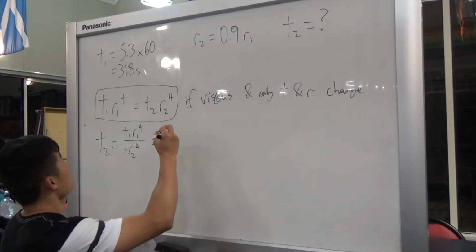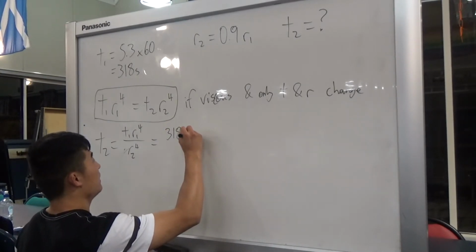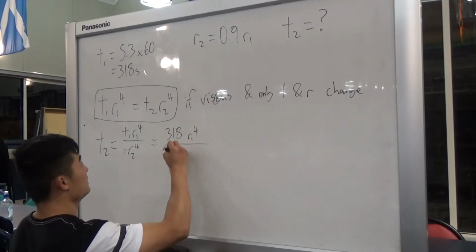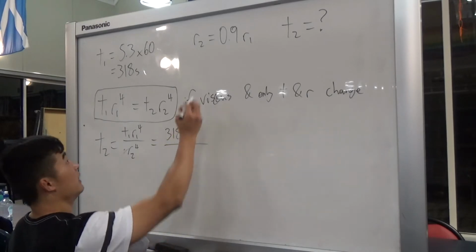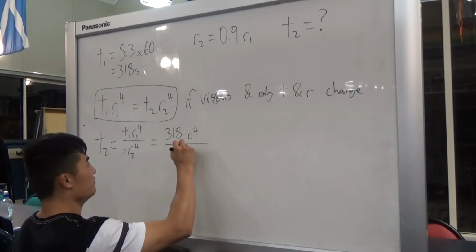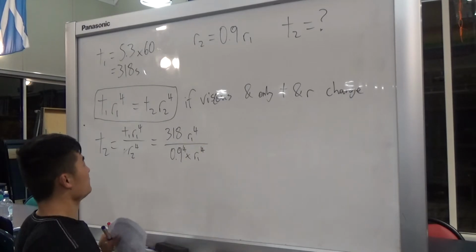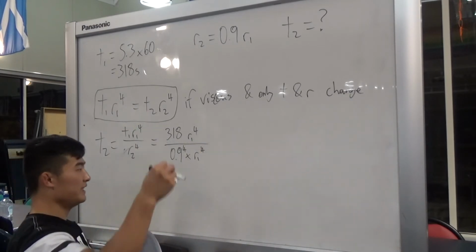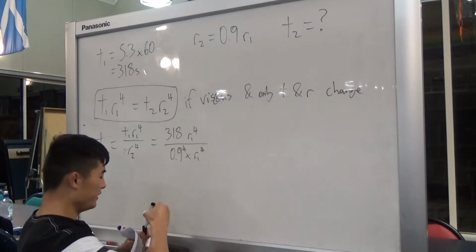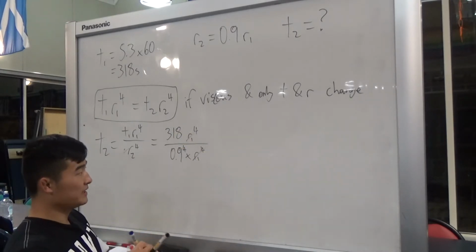So T1 is 318, and R2 was 0.9 R1, which is going to be 0.9 to the power 4 times R1 to the power 4. I've just skipped the intermediate step, but it's exactly the same as the last one. So then we can cancel out the R1s because that's going to be exactly the same.